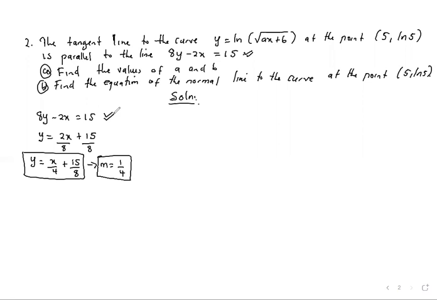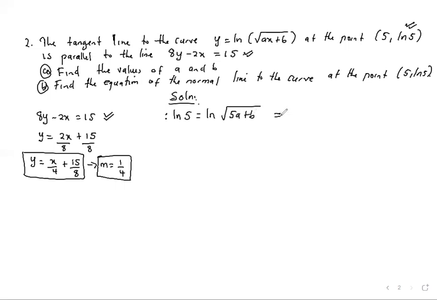What this means actually is, well, first we use the point. First find a and b. Let's just go for a point. If you substitute in the function, where there is x, you take 5. Where there is y, you must have ln 5. So this implies that ln 5 is equal to ln the root of ax plus b, that is 5a plus b.